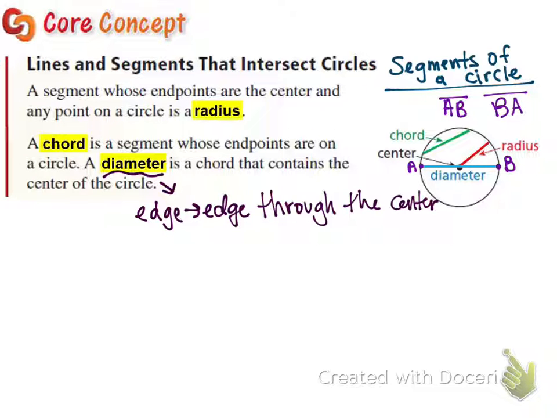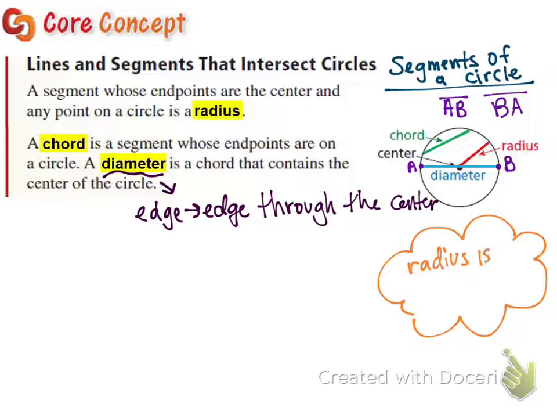So hopefully you've heard of a radius and a diameter. Something special to know, if you want to draw off to the side, you probably already know this, is that the radius is half the diameter. So the radius goes from center to the edge.